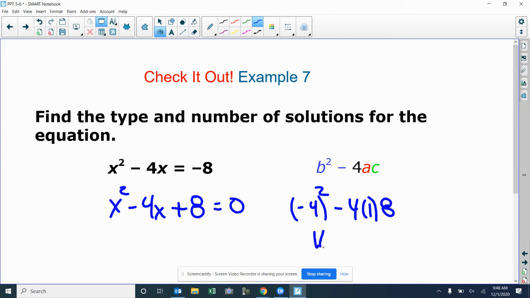Okay, so we're going to get positive 16 minus 32, right? It's going to give us a negative number. So what kind of solutions do we have? 2 non-reals. Does this parabola cross the x-axis? No, it does not.